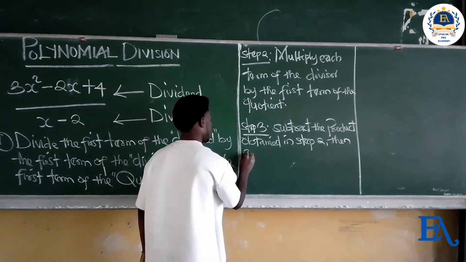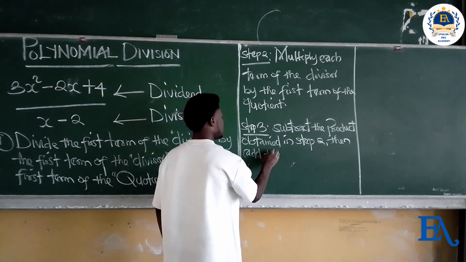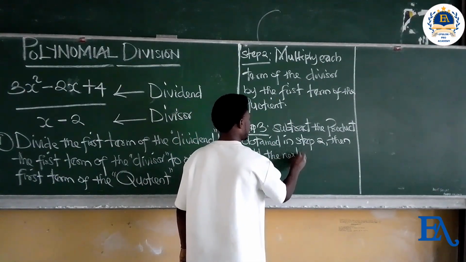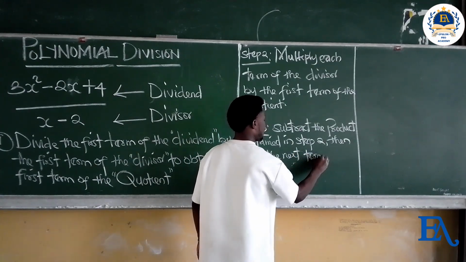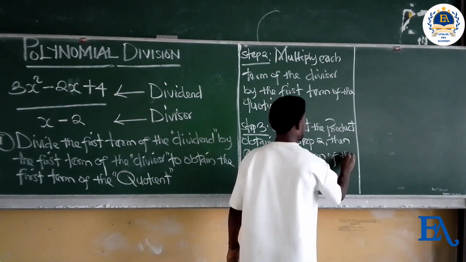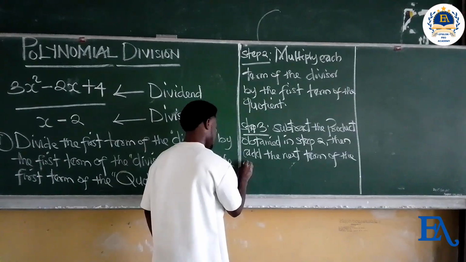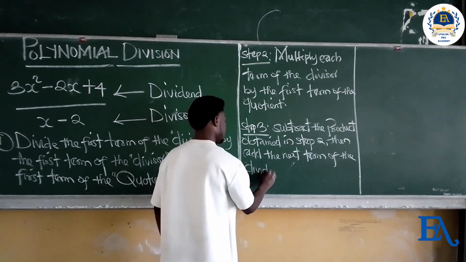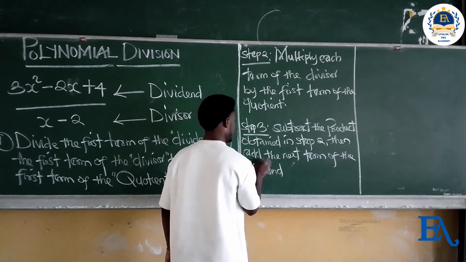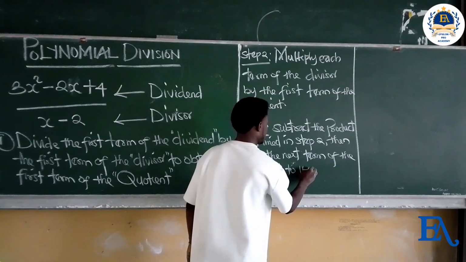Then add the next term of the dividend to it.